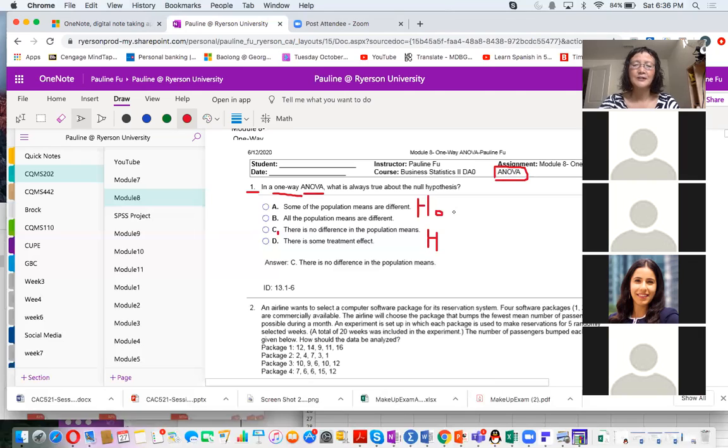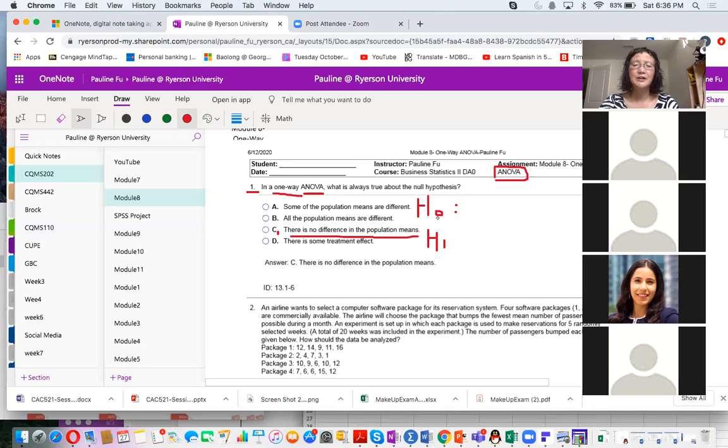So for the ANOVA test, H0 says that if there are 3 population means, all the 3 population means are the same. So no difference in population means. Of course, you are given a significance level, alpha 0.01 or alpha 0.05 or alpha 0.1. So that is your H0.